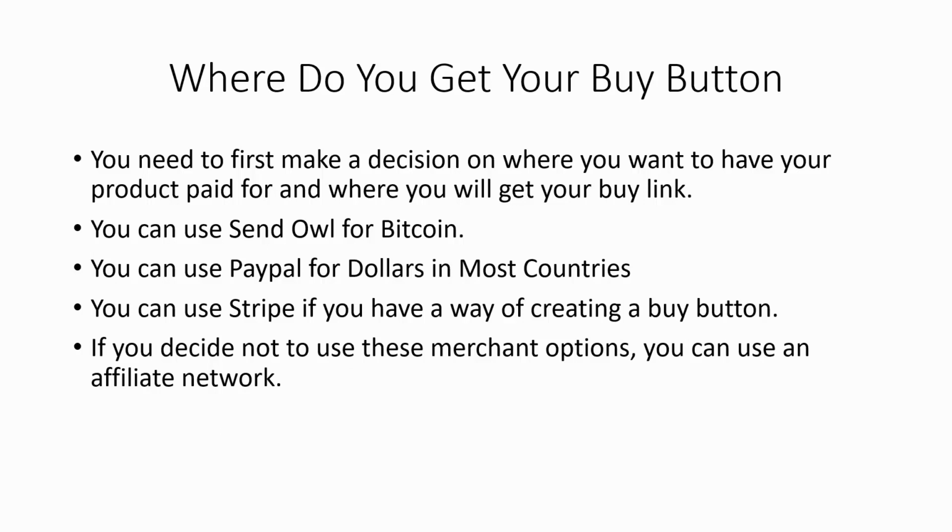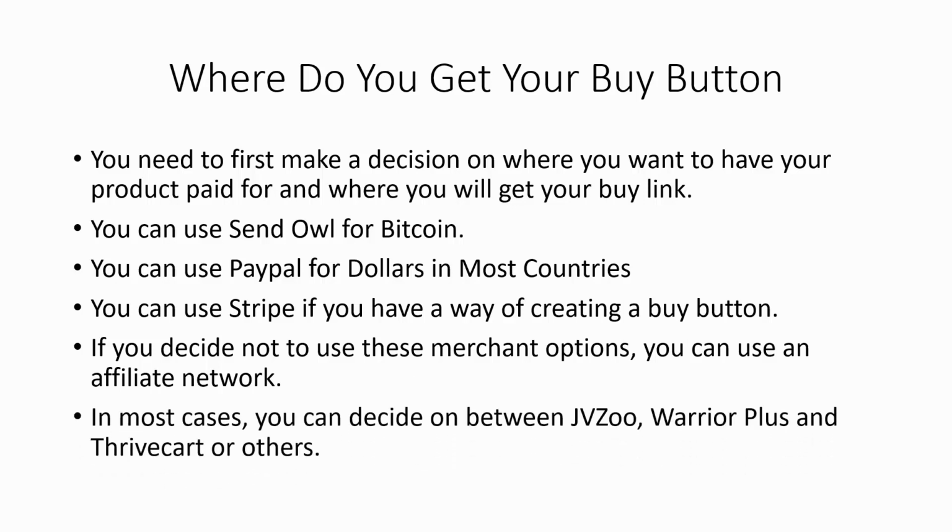what you can do is use an affiliate network in order to deliver your product and facilitate payment. You're going to use some affiliate network like JVZoo, Warrior Plus, Thrivecart, and I don't have it in here, but you can also use ClickBank.